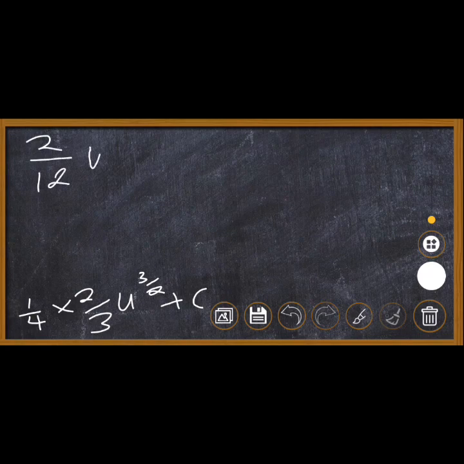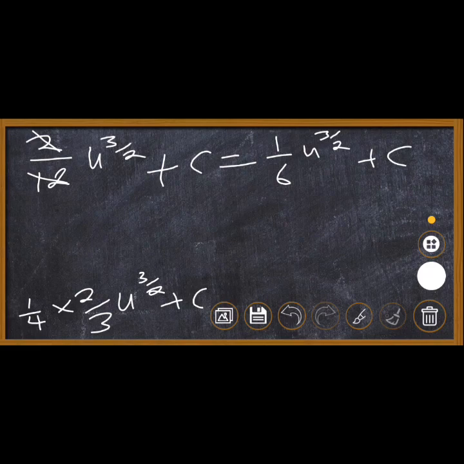So u power 3 over 2 plus the constant c. We can simplify this: 2 into 12 is 6. So we have 1 over 6, then u power 3 over 2, plus the constant c.